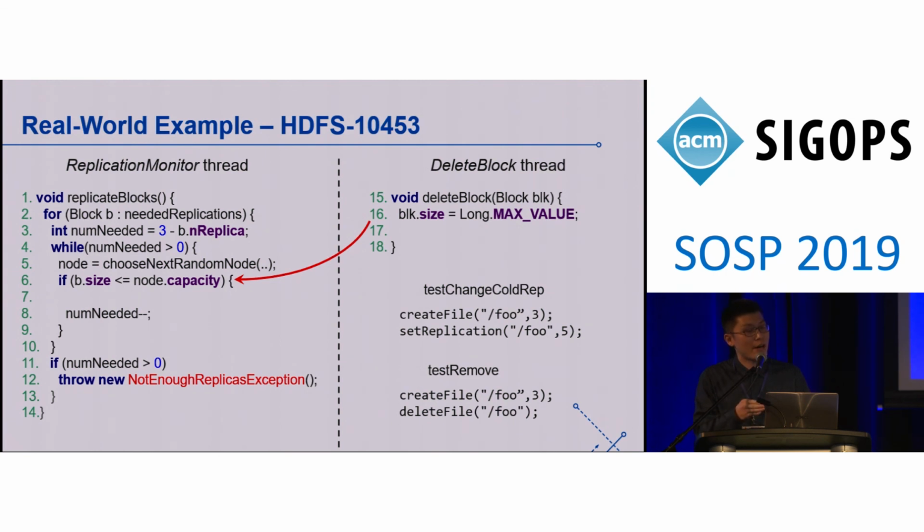And when we compare them, we found that although this decrementation of number of needed didn't happen in the failed execution, it happened in the non-failed execution, which is this unit test. And we found that the reason the failure didn't happen in this unit test change code wrap is because this number of needed is decremented. So that's how we found that this event that actually didn't happen in the failed execution is related to the failure. It's because the unit test avoided the failure because this instruction happened.